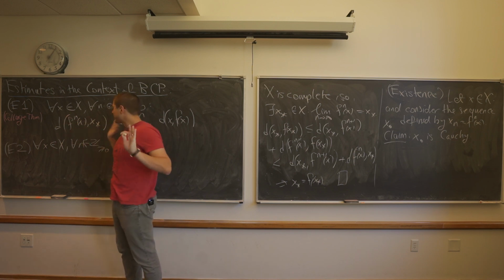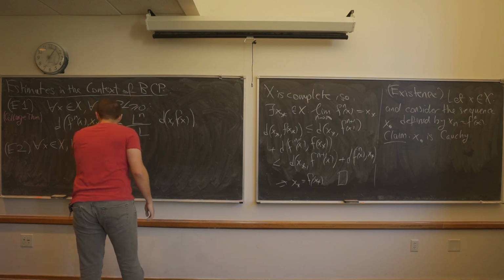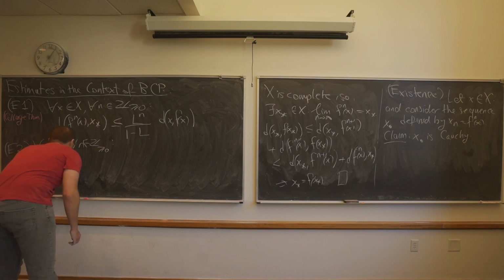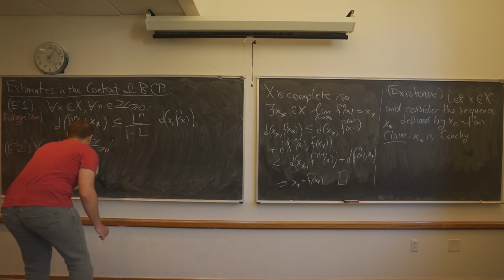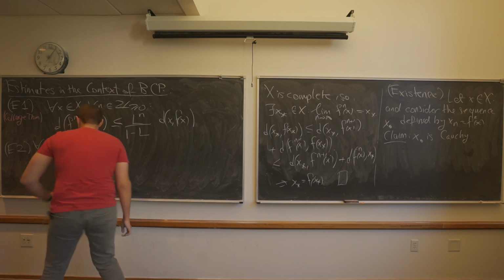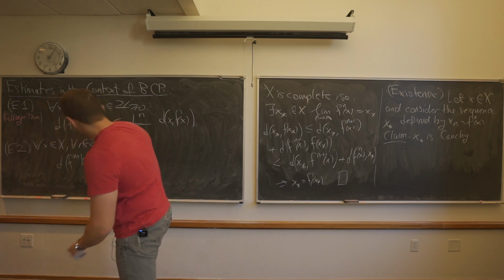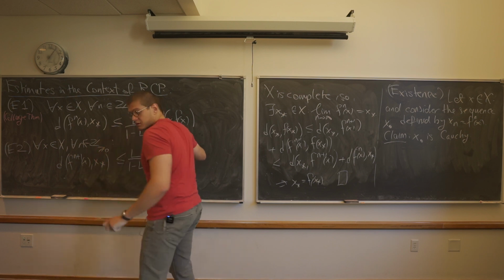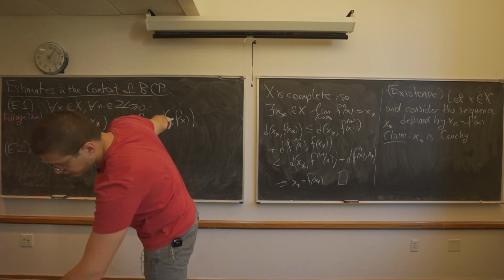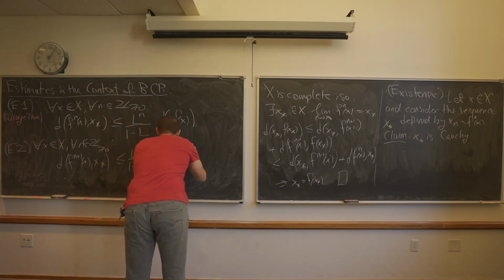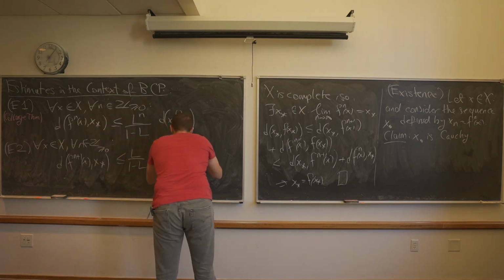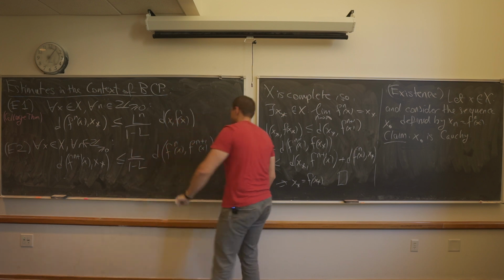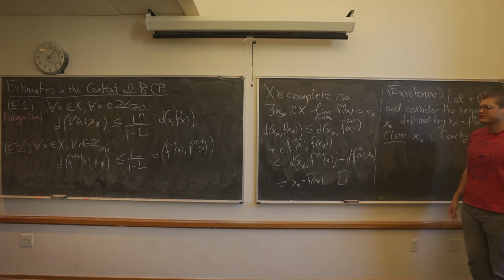It's just x, it's x at time 0. That's what I mean. So now I have the n plus first iterate against the fixed point. This is bounded by L divided by 1 minus L times the distance between the nth iterate and the n plus first iterate.